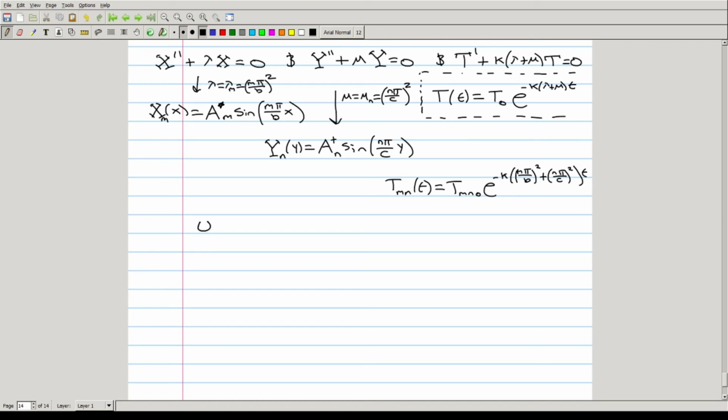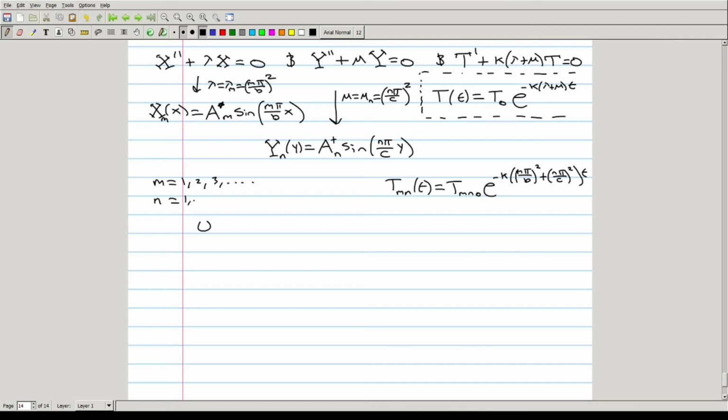And so then for every m value, or m equals 0, and 0 we don't even really care about because the sine of 0 is 0, so m equals 1, 2, 3, and so on and so forth.